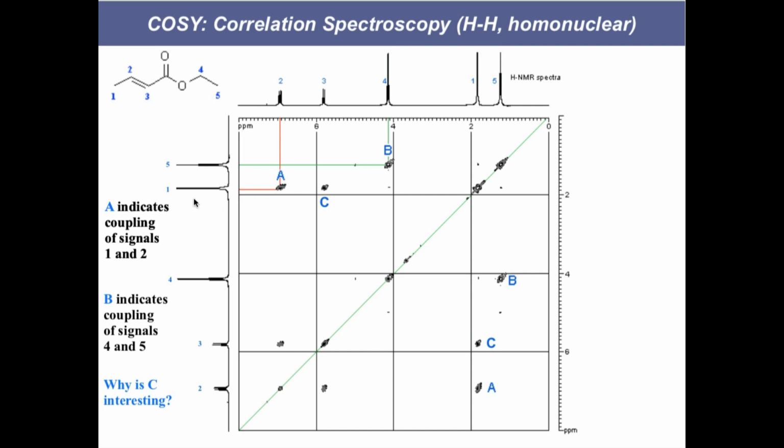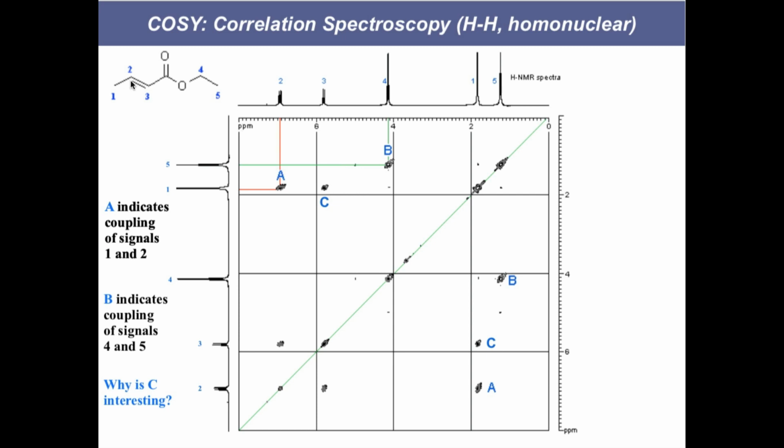That means that the hydrogens causing signal 1 and the hydrogens causing signal 2 are related to one another. We kind of saw this with the roofing effect in proton NMR, that 2 peaks that were related would lean into one another. But if you look at it from a 2D perspective, we can very clearly see that 1 and 2 are related. That is here. Here's carbon 1, here's carbon 2.